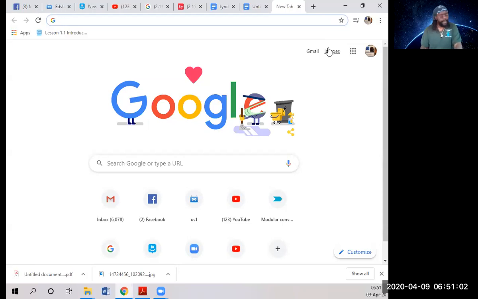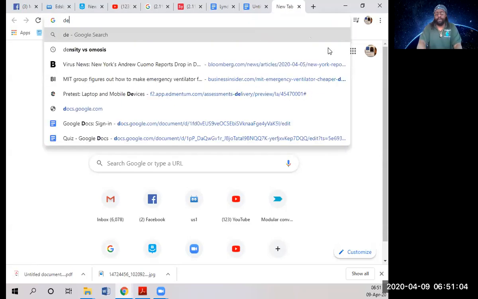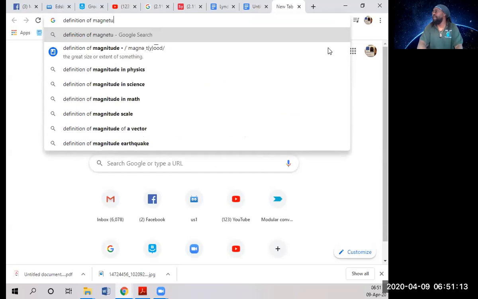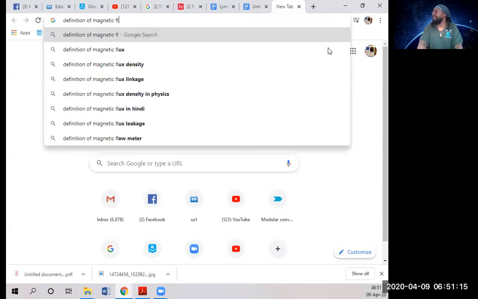So, definition of magnetic flux. There it goes.